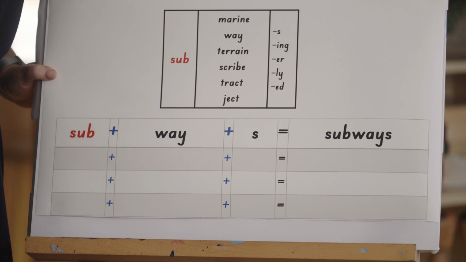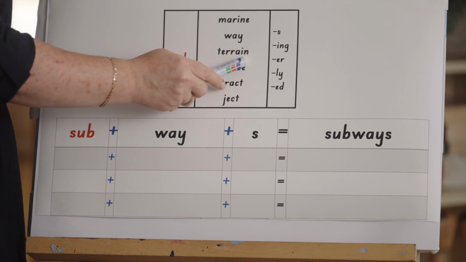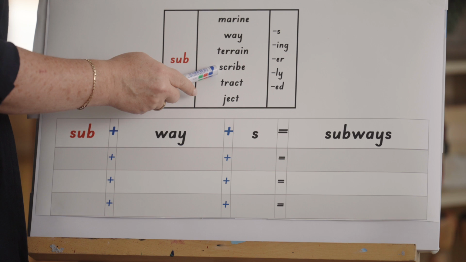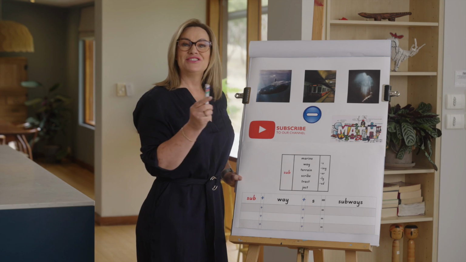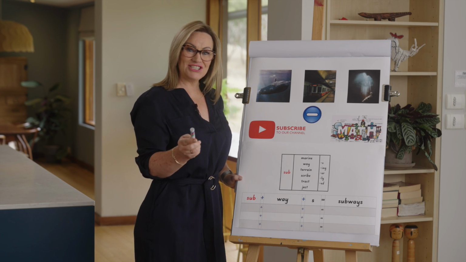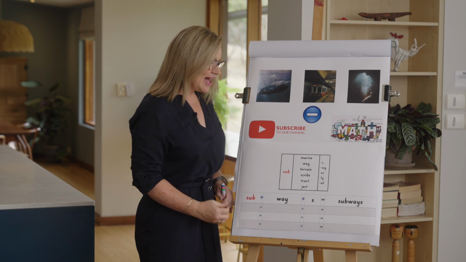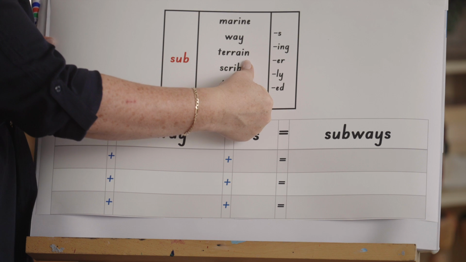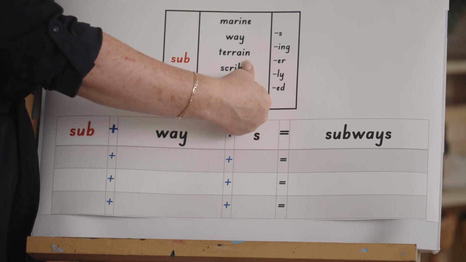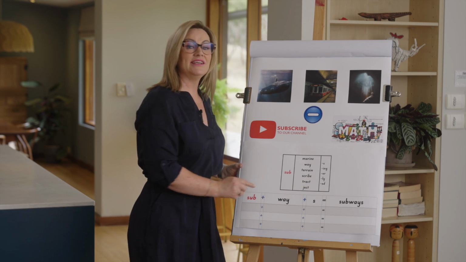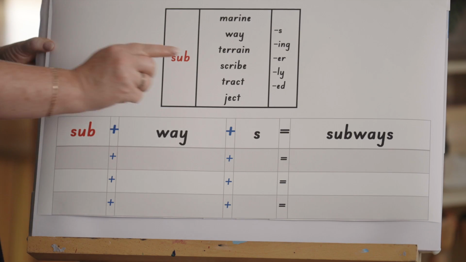Terrain, word on its own, it's a base. Now, scribe is actually a word on its own, but it actually comes from the Latin scrib. Now, scrib is a root. Scribe is a base word.